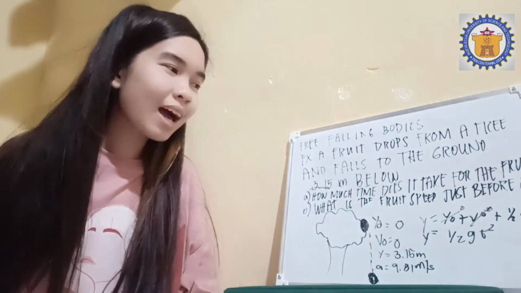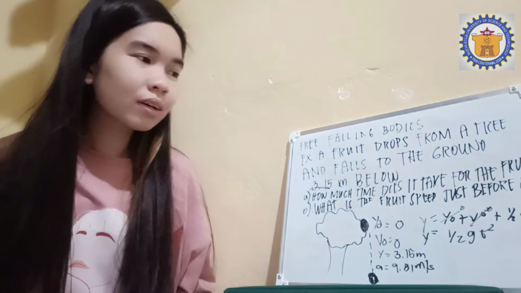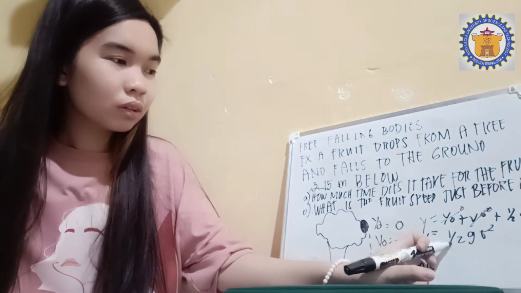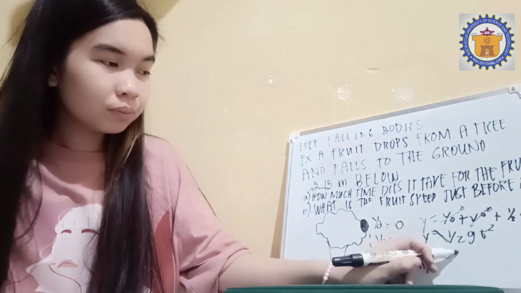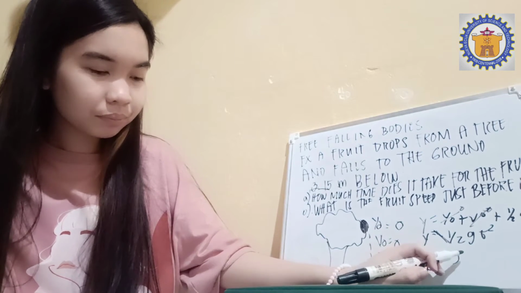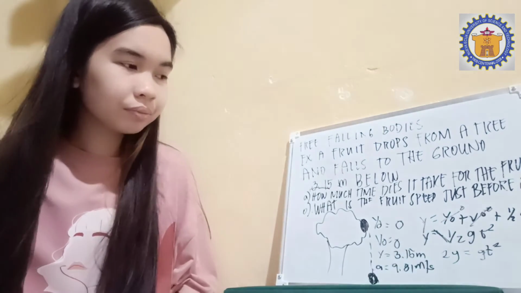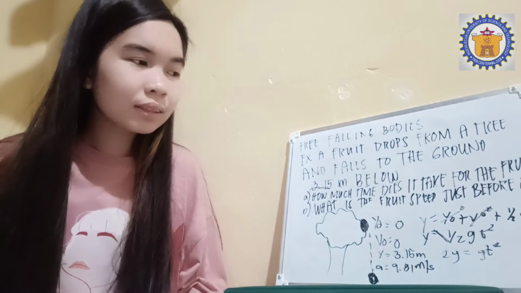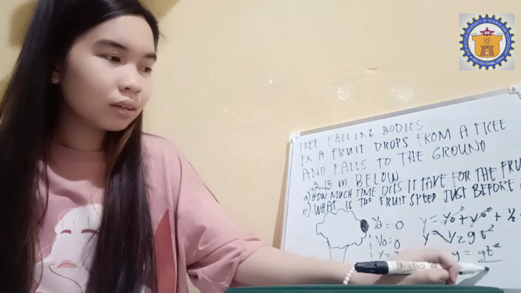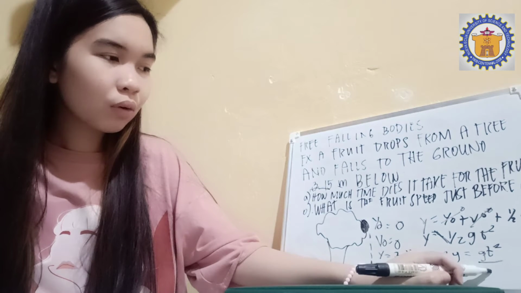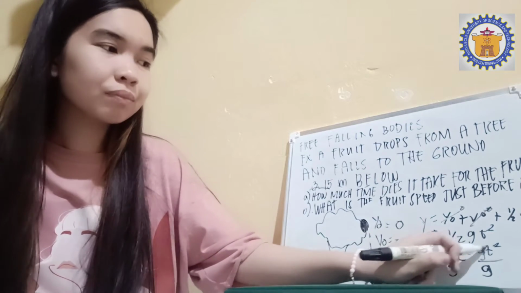And since ang hinahanap pa rin dito is our time, kailangan natin i-derive to itong formula natin. So, magiging 2y is equals to g t squared. And para makuha natin si time, lagyan natin ng over g para ma-cancel and matira si time.